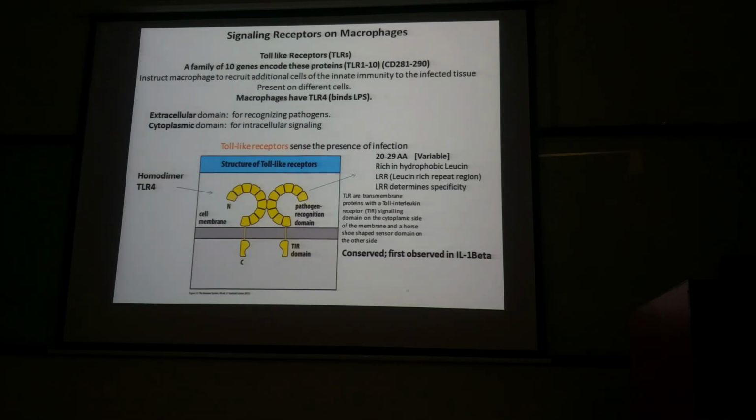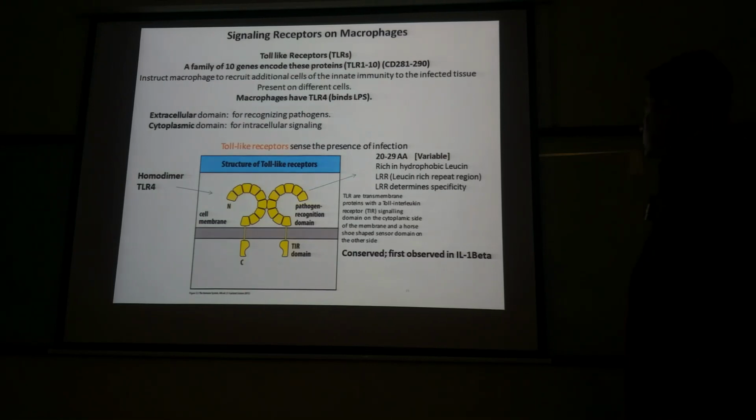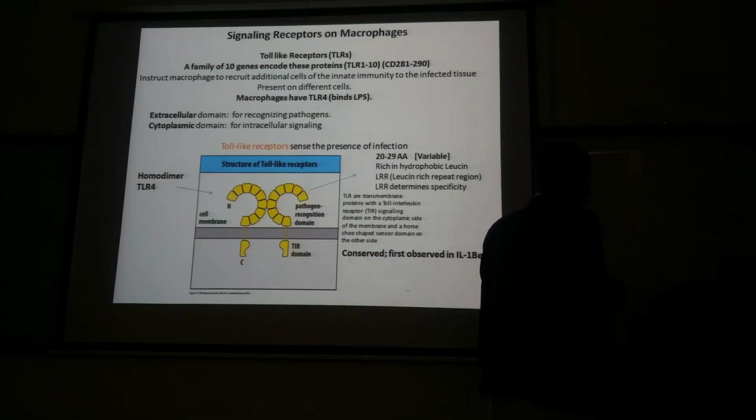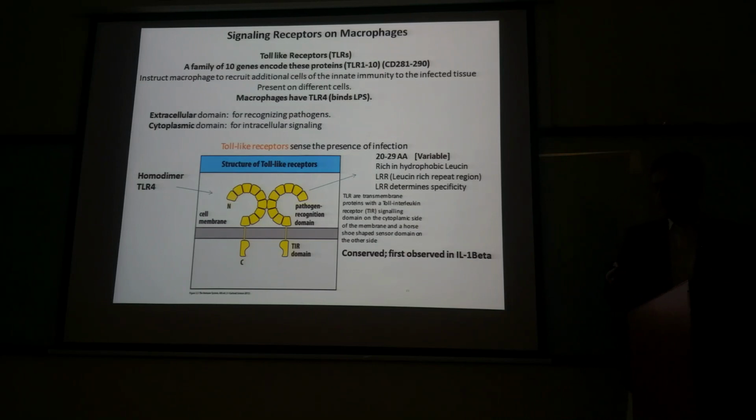Now, these are other types of receptors which are called the signaling receptors, and we also know them by different names, just like the Toll-like receptors or TLRs. You can also call them CD281 up to CD290.